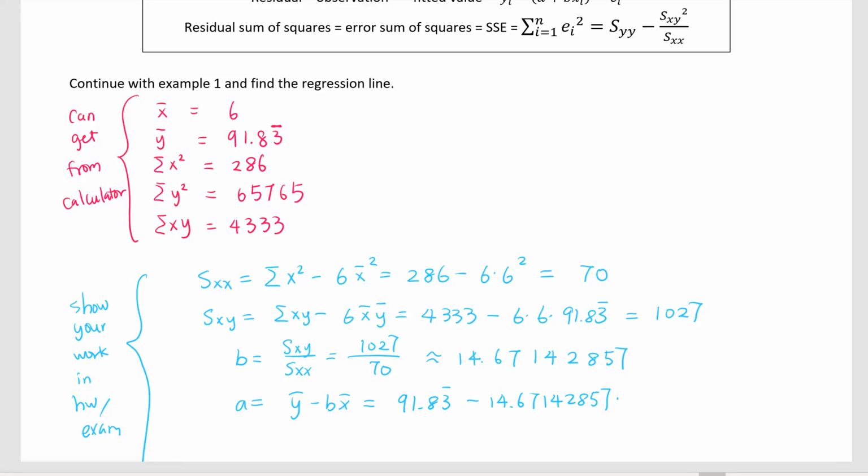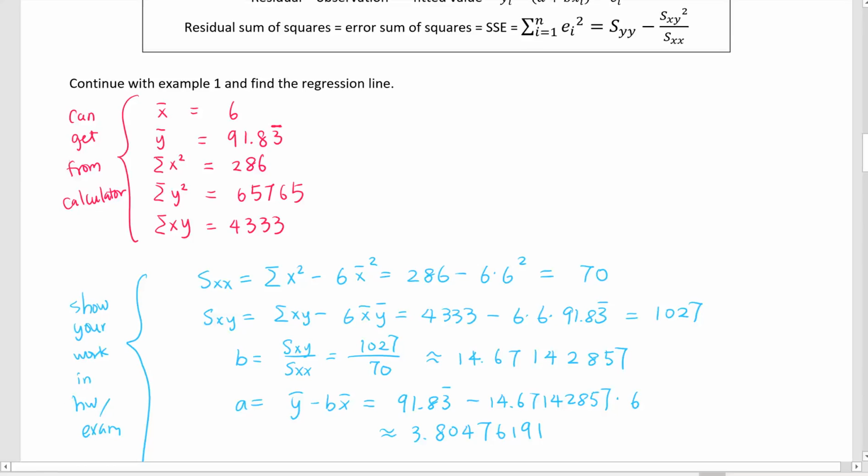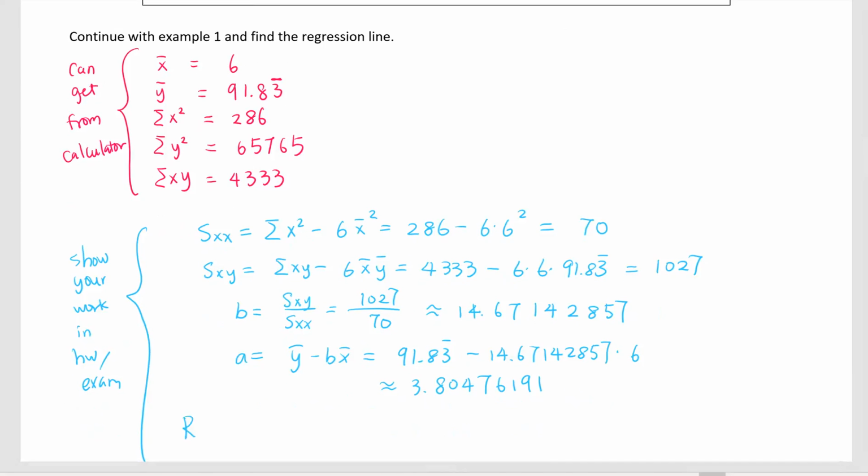It's good to keep the exact number from your calculator. x bar is 6. So plug this into your calculator and then you get 3.80476191. Finally, our regression line.